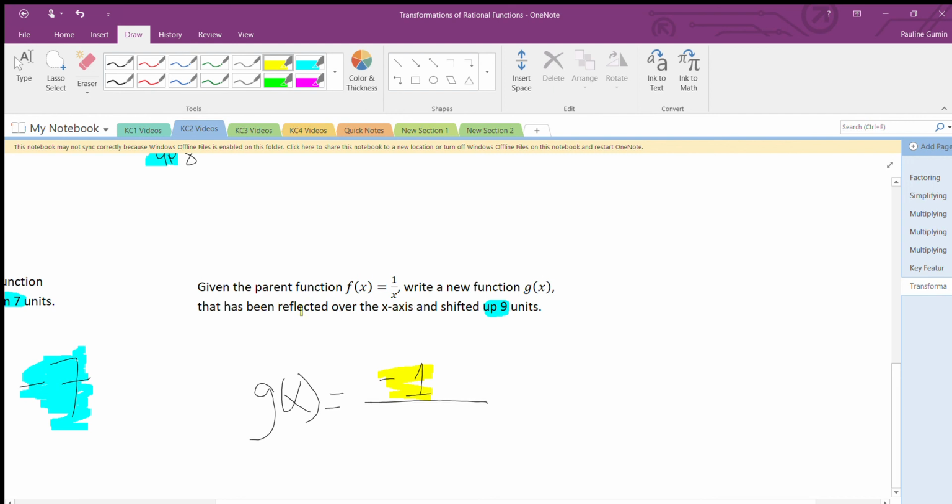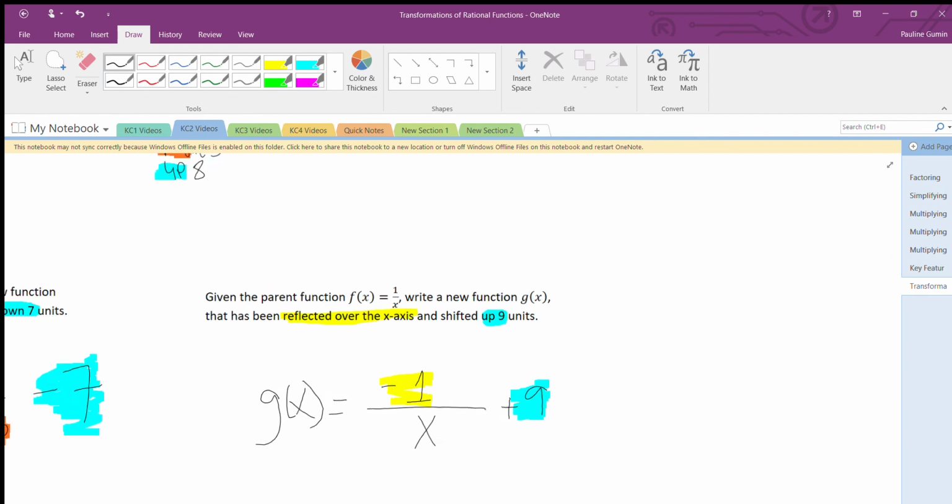I made my computer a little too dark. Okay, and then we have up 9 units. So we have a plus 9 on the outside. So on the bottom of that fraction, since I don't have any movements to the left or to the right, I'm just going to have a plain old regular x.